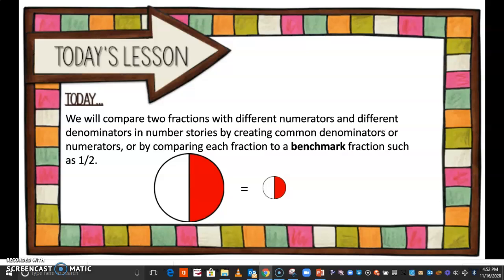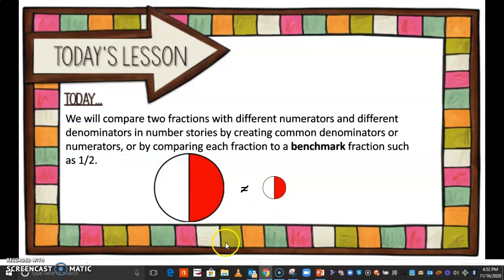Of course, we know we cannot, because the half of the large is way more pizza than the half of the small pizza. So this is not equal. We can't compare these two because we're not comparing the same thing. In order to compare the exact same thing, we have to have common denominators. It has to be divided equally.